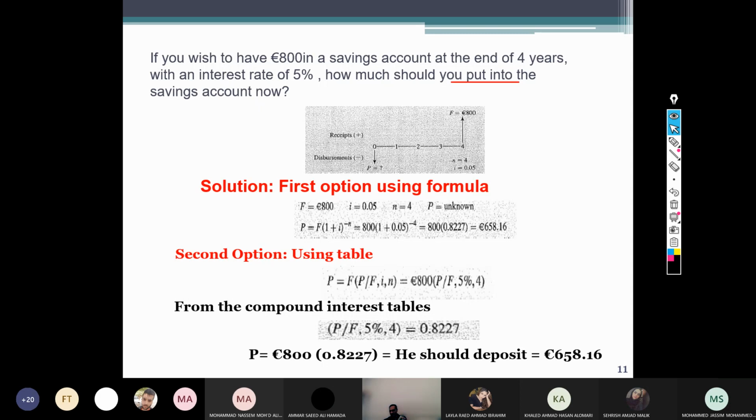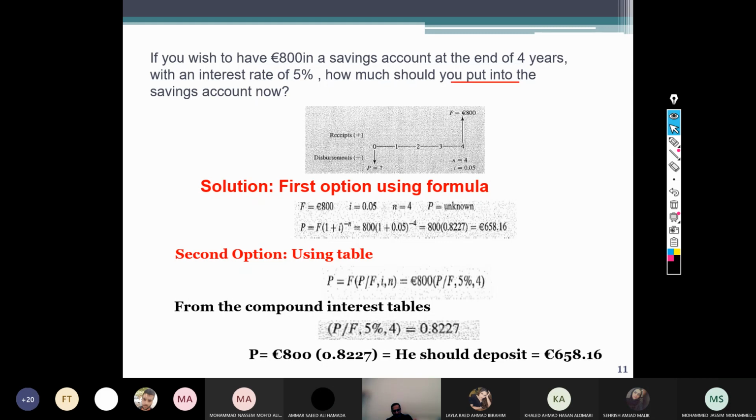It is very simple. You have a button here called compound, CMPD. You click on it. It tells you to put in the data. The data is P, F, and so on. Anything you have, you put it in. What you don't have, leave empty. So you have P? In this case, no. Let's go on to the future.